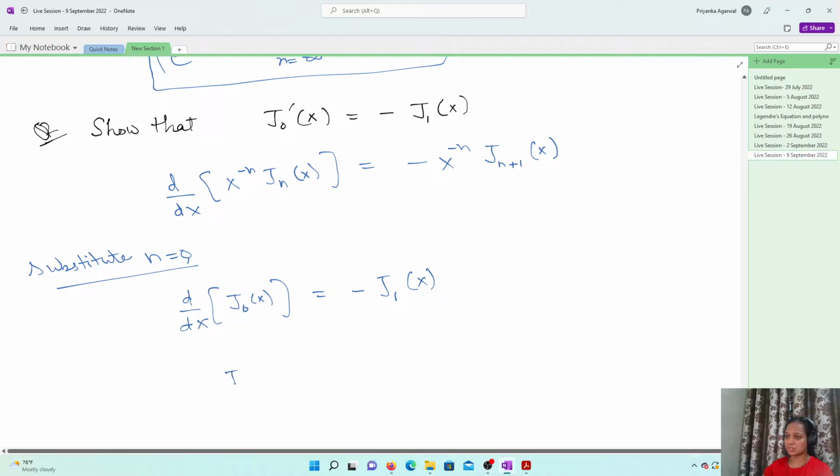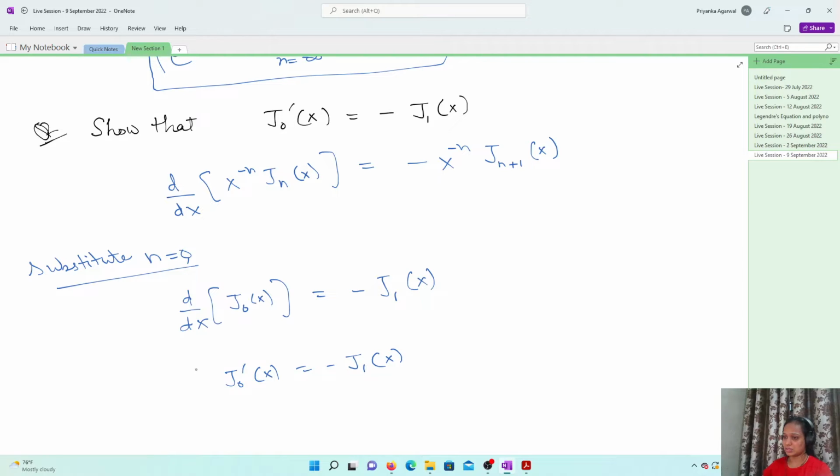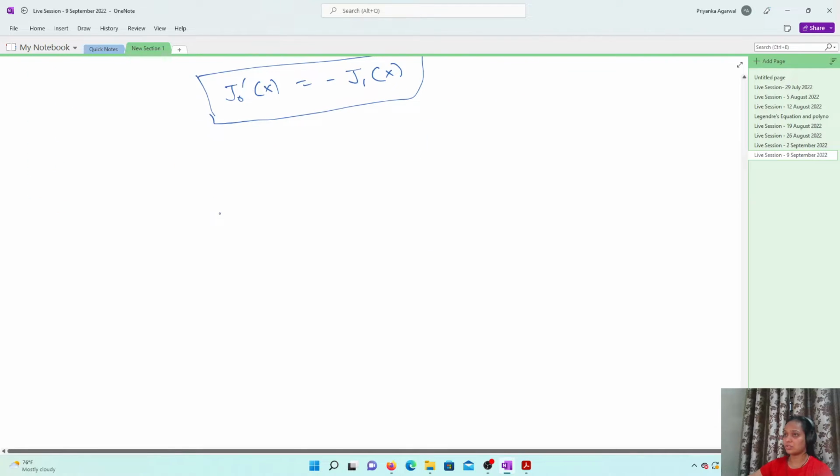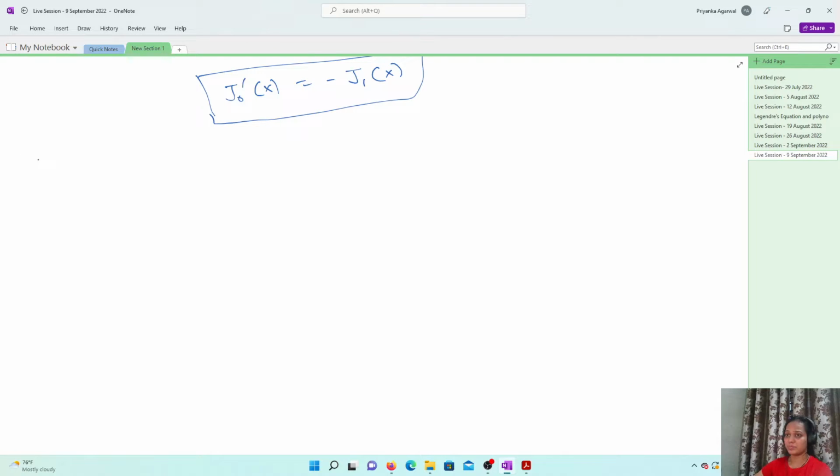So what is this? J0 dash x equals minus J1 x. Very simple, just making use of the properties which have already been derived in the lecture class. If you haven't visited that, please go and visit and you will understand it clearly.